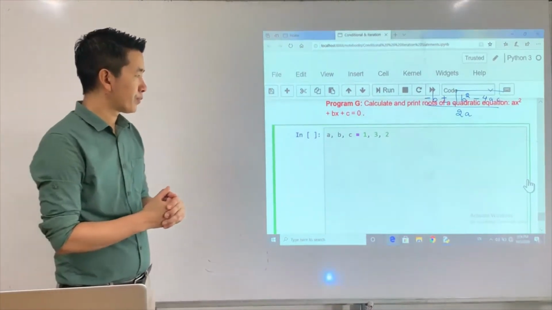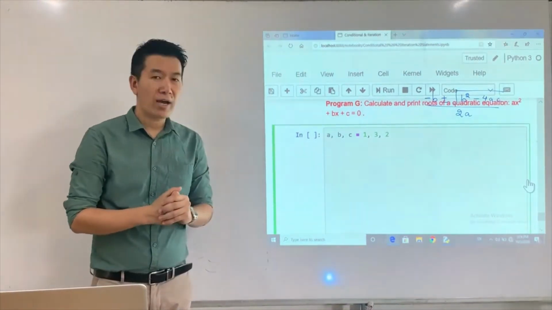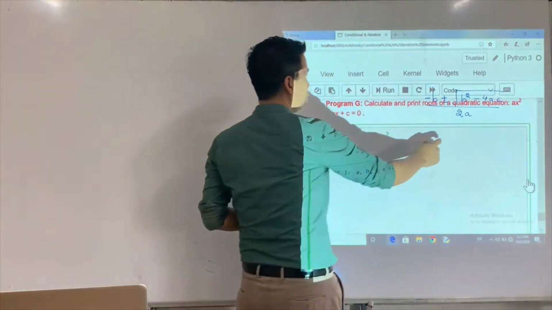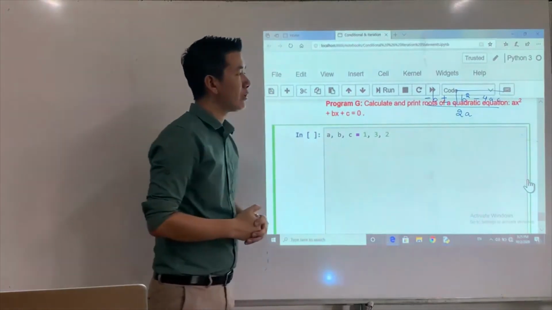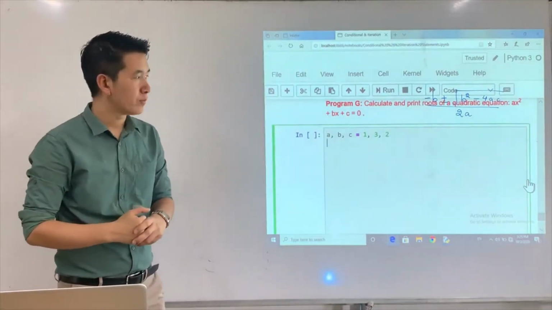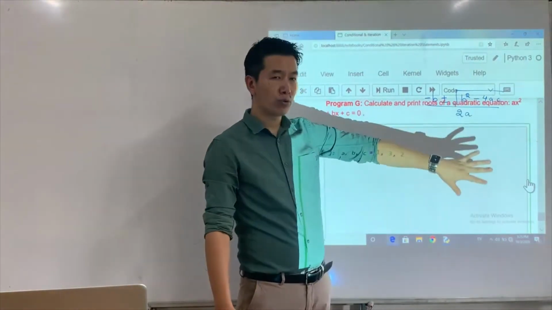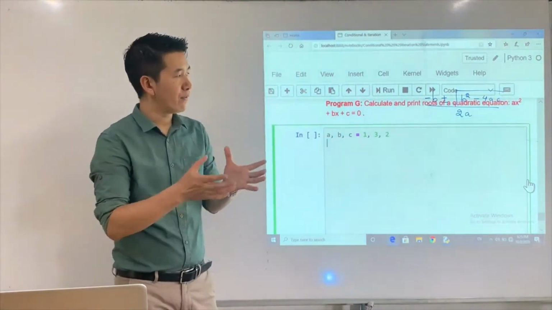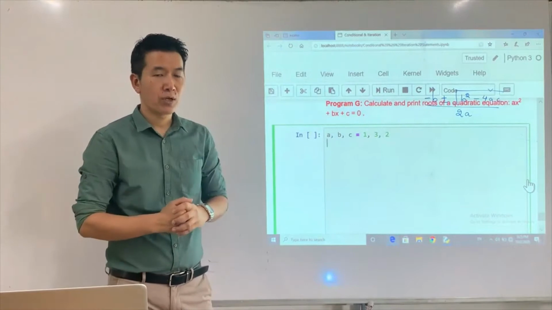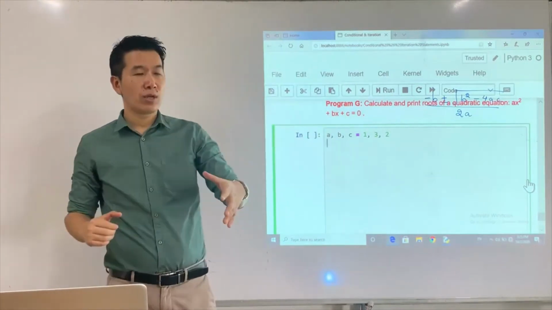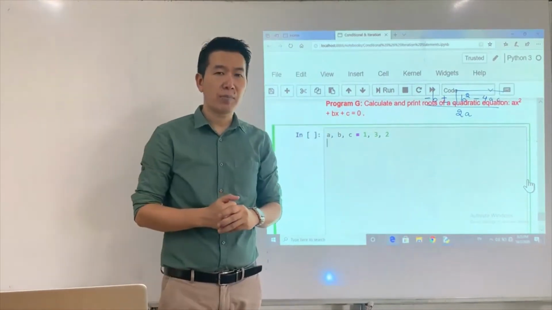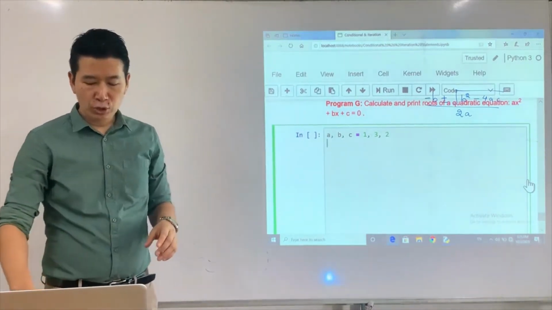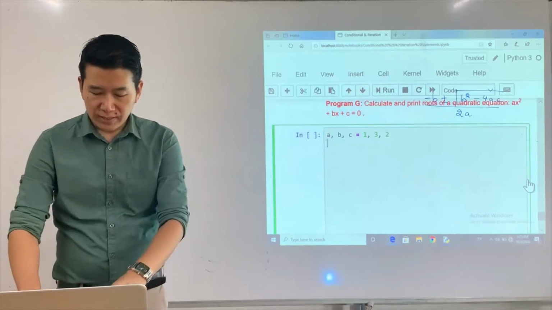So these are the 3 values for a, b, c of the equation. First things first, I need to check whether the value of a is equal to 0 or not. If the value of a is equal to 0, then that should be the end of the program, because you cannot ever have a denominator as 0. Any number divided by 0 results in an undefined number. So I'll have to take care of that situation first. Let's start.